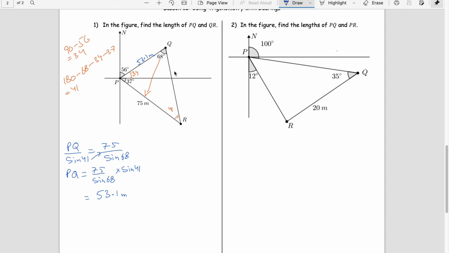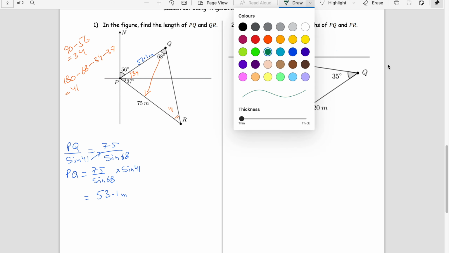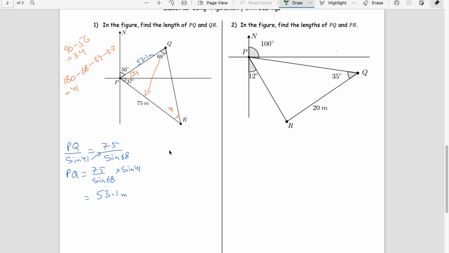And then QR, again you can use sine rule. For QR, we can say this is QR divided by this angle. This complete angle now is 37 plus 34, which is 71. So QR over sine 71 is equal to a known pair, which is 75 over sine 68.